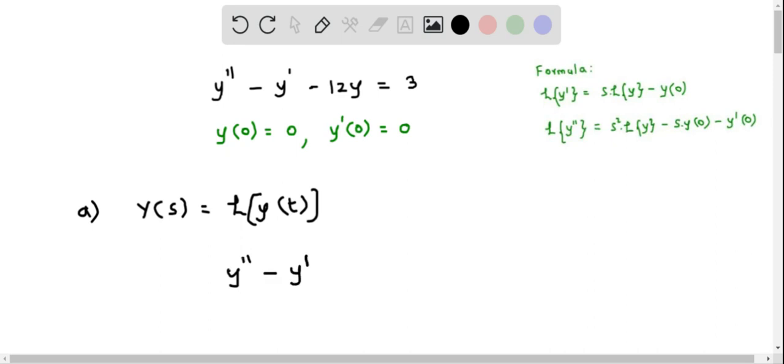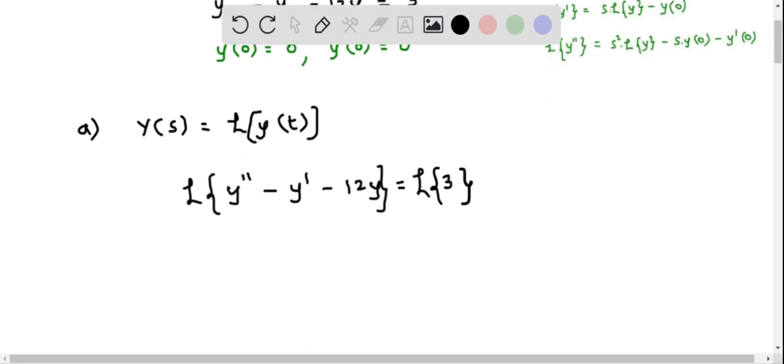So let me copy this equation y double prime minus y prime minus 12y equals 3. Let's apply Laplace transform to both sides of this differential equation, and this will be Laplace transform of 3.